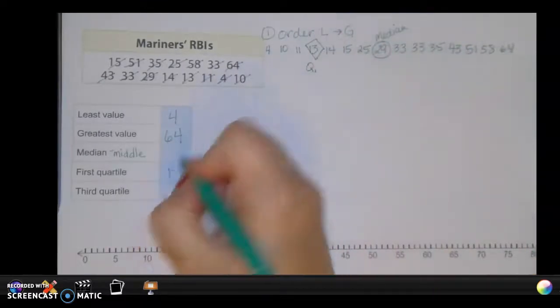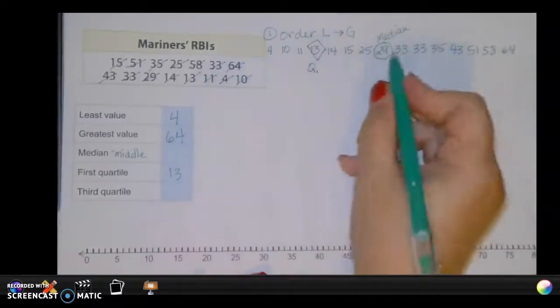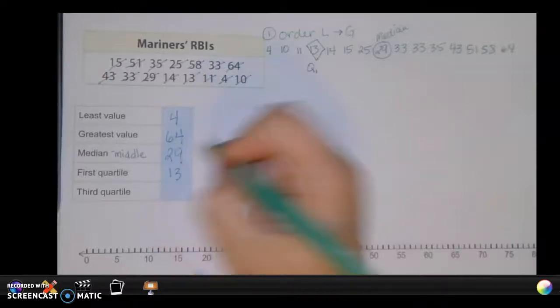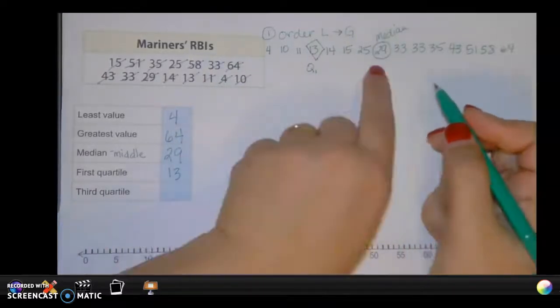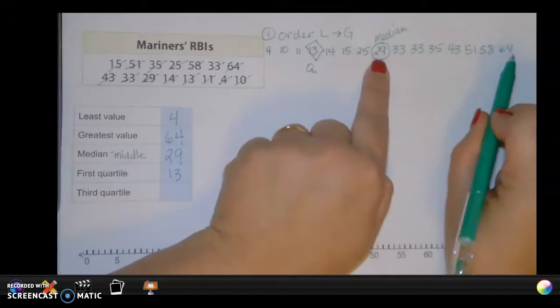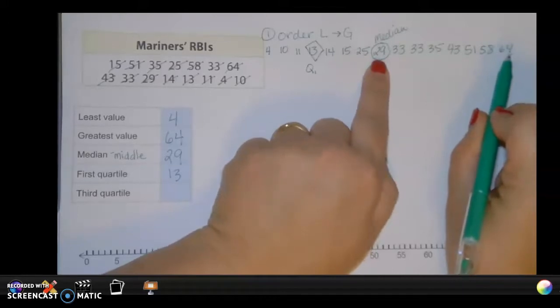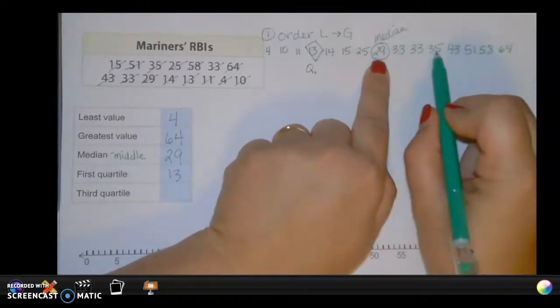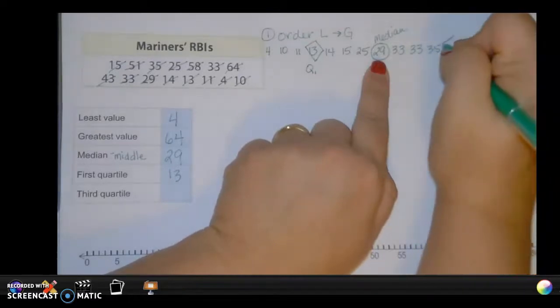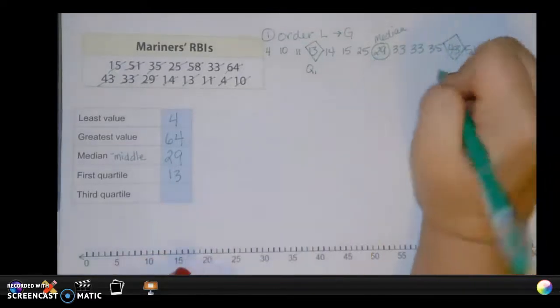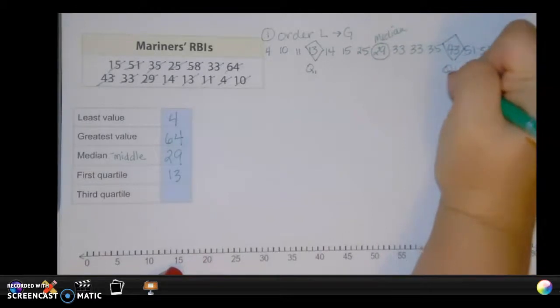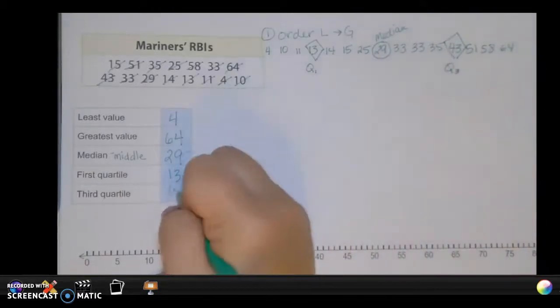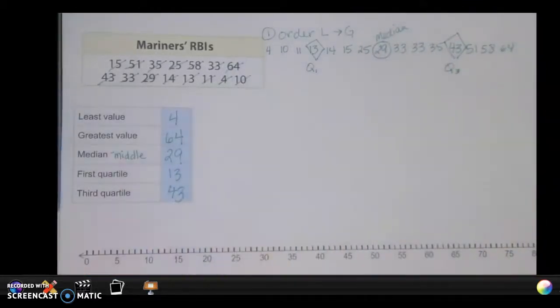That's going to be 13. I forgot to put my median here. It's 29. For my third quartile, I'm going to start at the median and go to my greatest value, and find the middle here. It's 43. This is quartile 3.